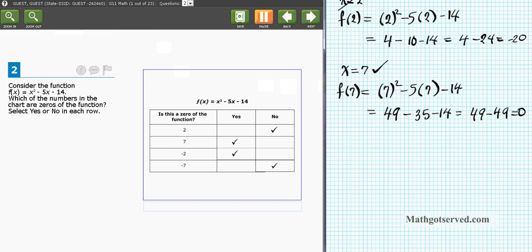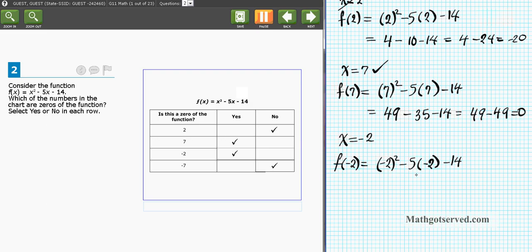Now let's try the next candidate, which is x equals negative 2. So what are we going to do with that? We're going to evaluate f of negative 2, which is the output you get when you input negative 2 into the x's of your function. All right, so we're going to have negative 2 squared minus 5 times negative 2 minus 14.